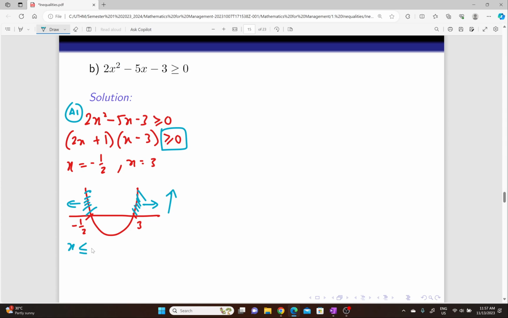There's an equal, so I put an equal here, so x is greater or equal to 3. That is the answer.